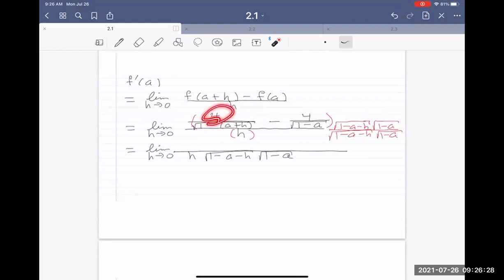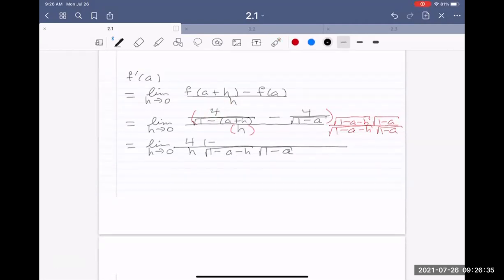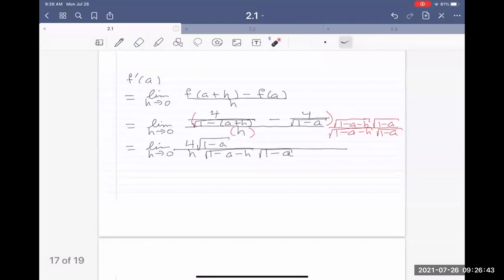And so I just have 4 times radical 1 minus a. Next, the radical 1 minus a's cancel. So all I have remaining is the minus 4 times radical 1 minus a minus h.